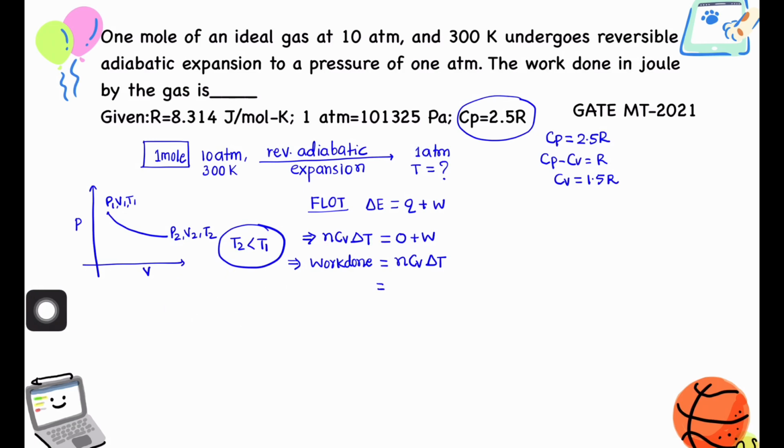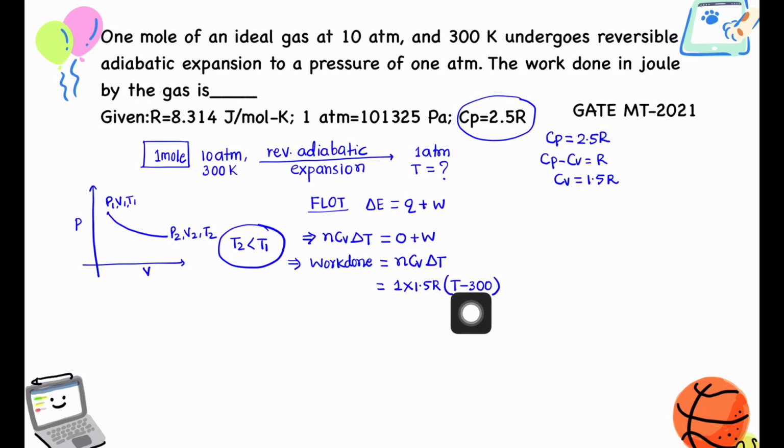Now the number of moles of the gas is 1, into Cv, that is 1.5 R, into delta T, that is the final temperature minus the initial temperature of 300 Kelvin. We have to simply find the value of this, and that will be the work done by the system. Since this is an expansion process, work done by the system will be negative.